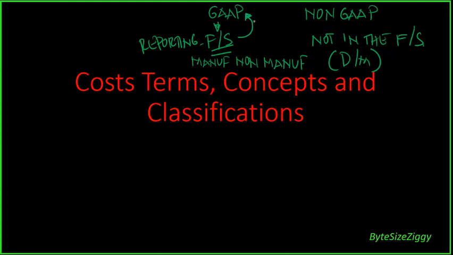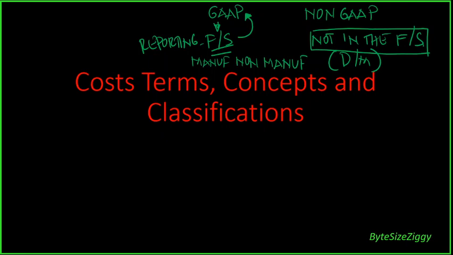For those costs that are used in decision making, since they are not found in the financial statements, they are not governed by standards. Now, I'm not saying that there are no standards. There are still standards applicable, but we are flexible in the application of these standards, okay?